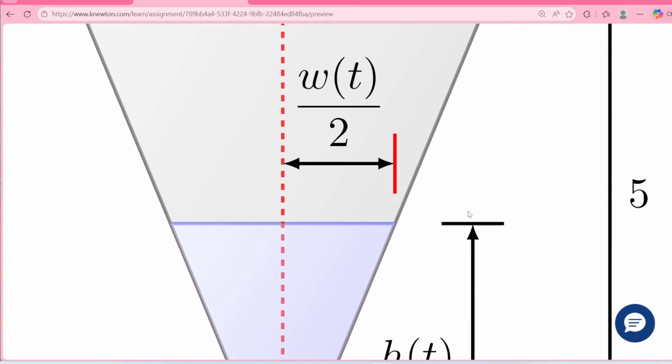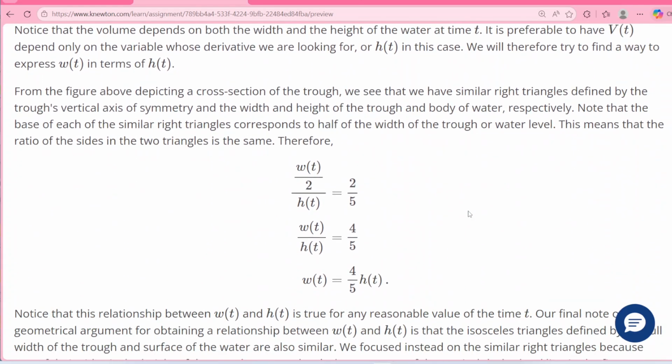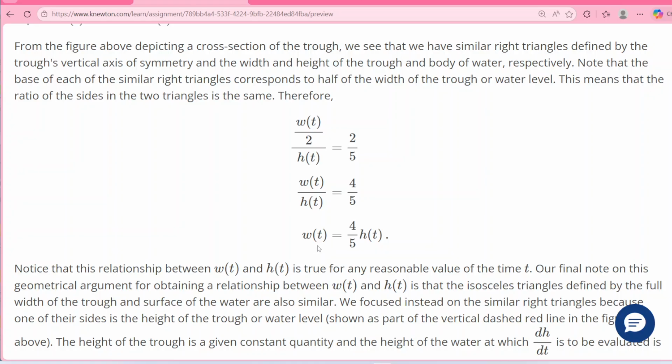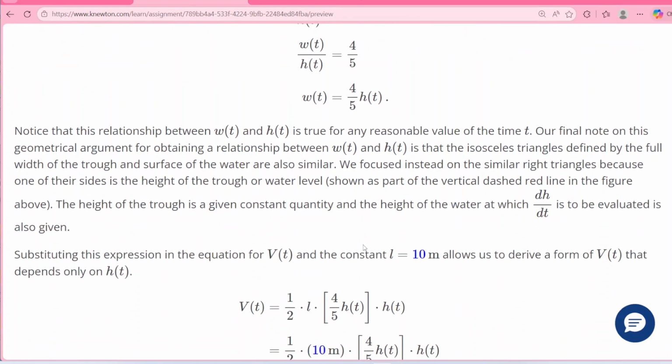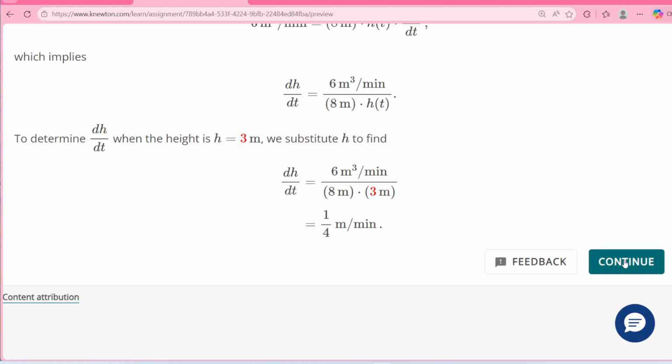So they probably point that out here, and they're related. So see right here, W, the width of the water at any given moment is 4/5 of the height, and they substituted that in. So, great.